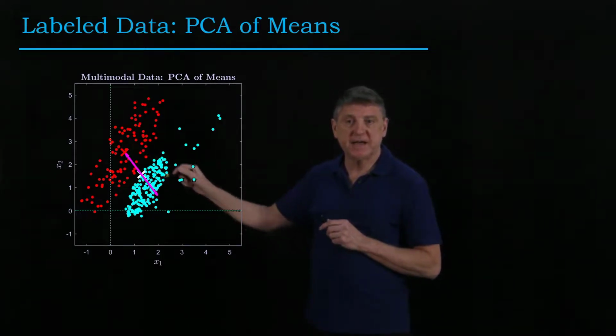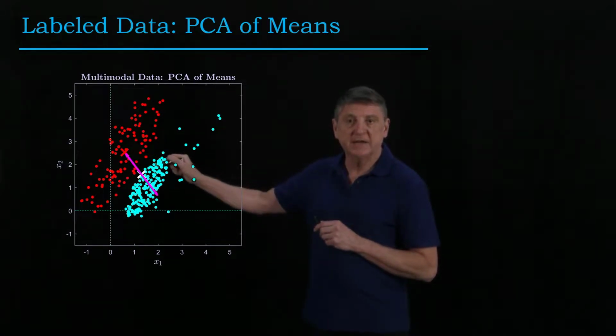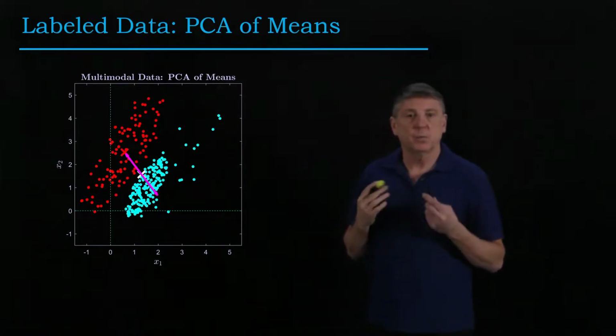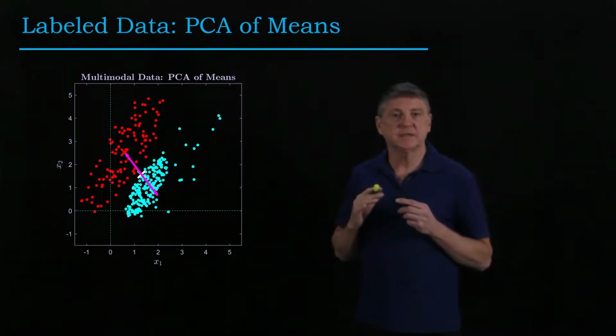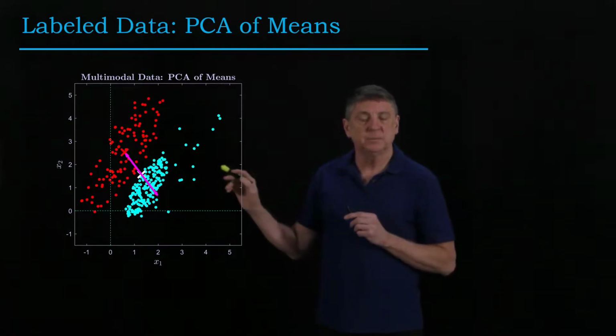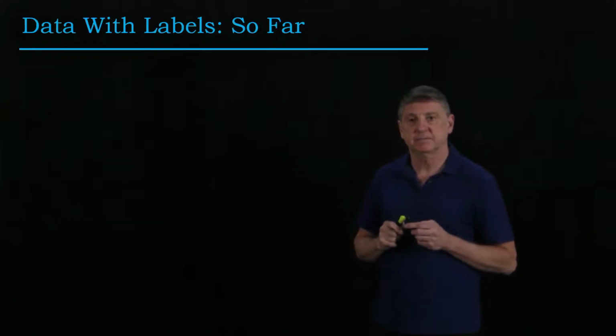This magenta axis is directed between the 2 means, and it goes through the mean of the overall data set. So what I'd like to do now is combine the PCA of all of the data with the PCA of the means of the data and see where that takes us.